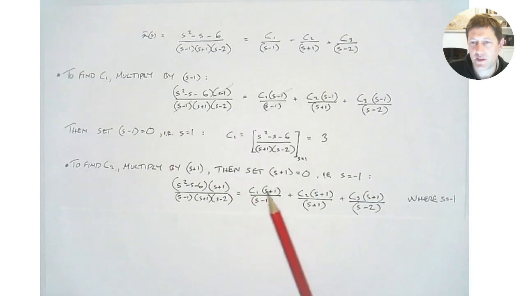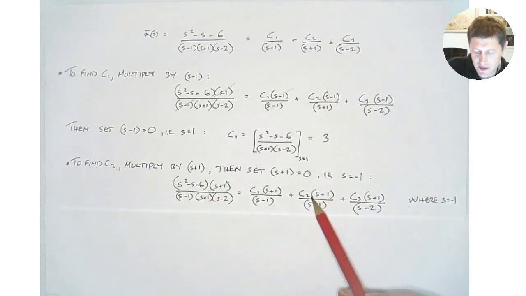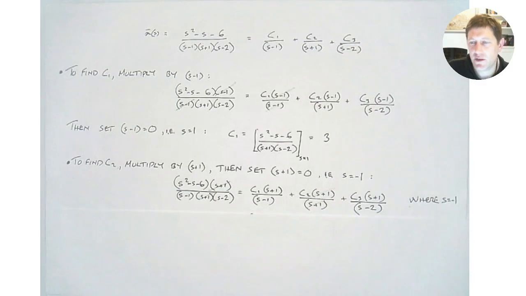We've multiplied by s plus 1. Again, there's some simplification. We can remove those and eliminate those. So again, when we now set s plus 1 equals 0, this term is 0, this term is 0, and we're left with an expression just for C2.